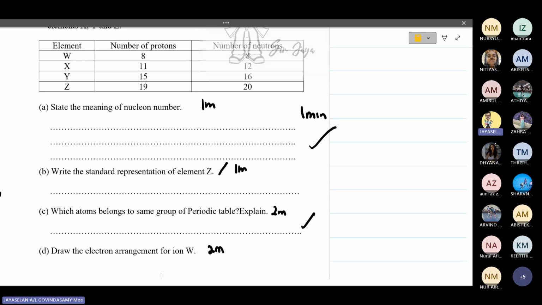Amirul, kalau dah siap, hantar. Sharwan, if you already finished, you can snap picture, send it to me. Inman, you pun boleh hantar. Elina boleh hantar. Semua boleh hantar lah.